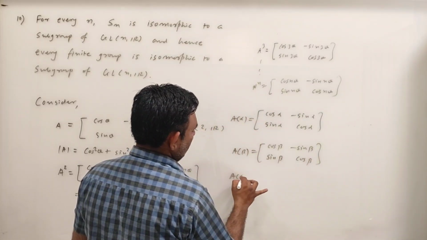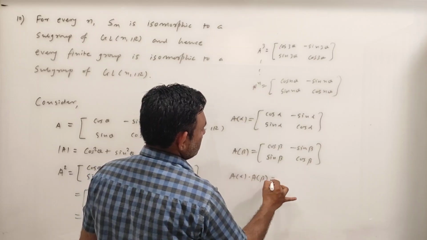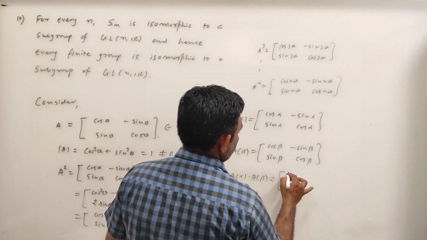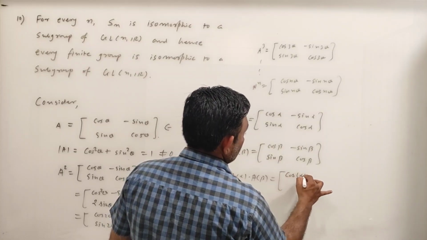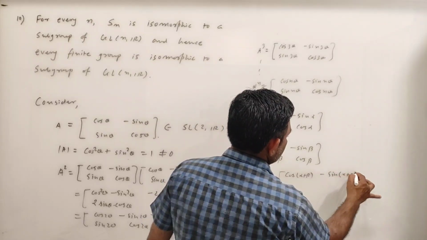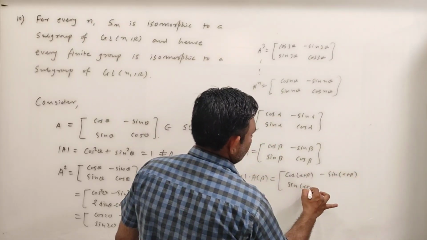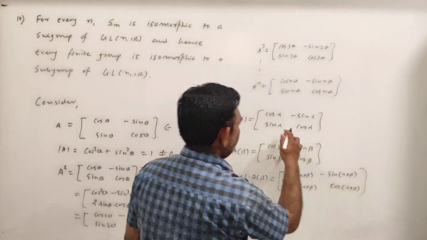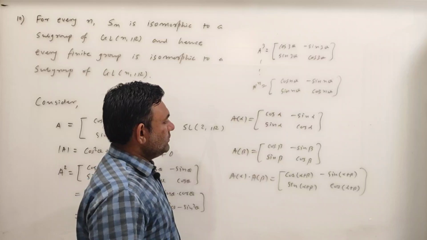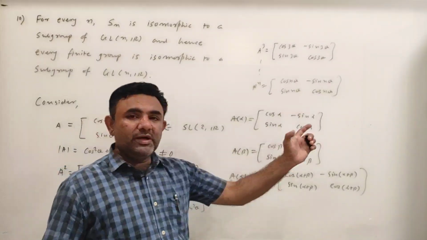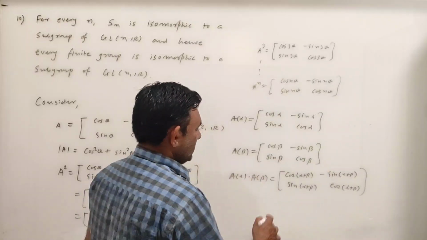Then A alpha into A beta will be cos of alpha plus beta, minus sin of alpha plus beta, sin of alpha plus beta, cos of alpha plus beta. You can verify this by usual matrix multiplication and the formulas for cos and sin of alpha plus beta.